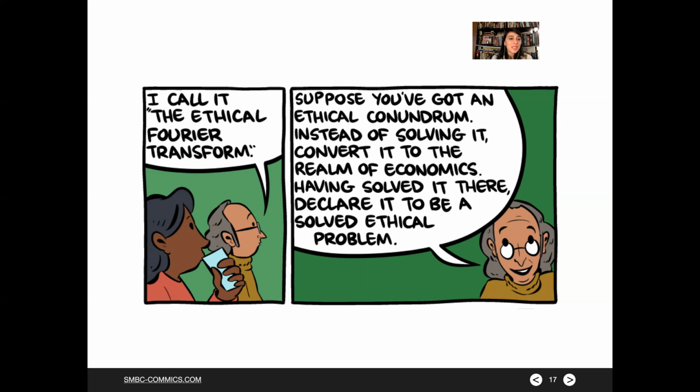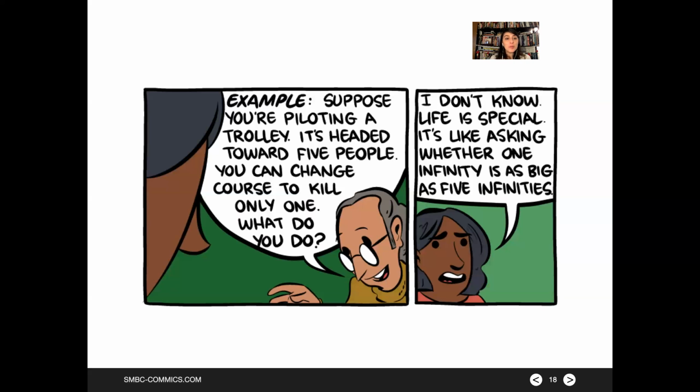So this is a guy introducing what he calls the ethical Fourier transform. He says, suppose we've got an ethical conundrum. Instead of solving it, convert it to the realm of economics. Having solved it there, declare it to be a solved ethical problem. And this is what the people who oppose utilitarianism actually claim. So for example, suppose you're piloting a trolley, it's headed towards 5 people.